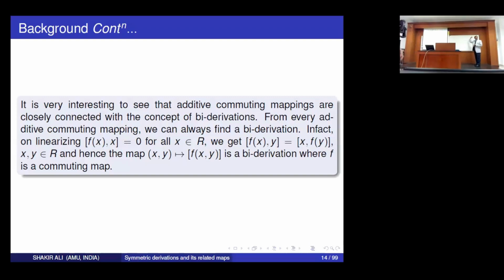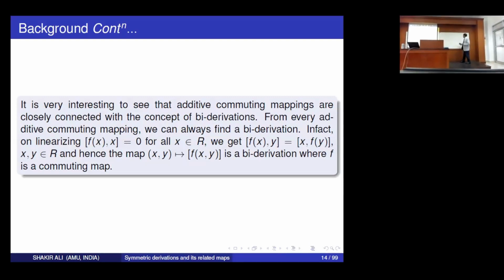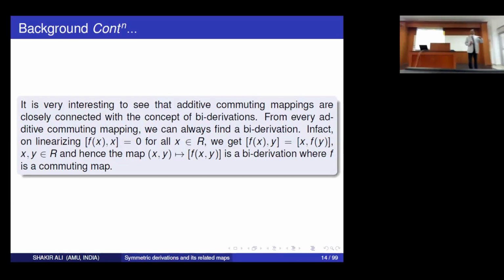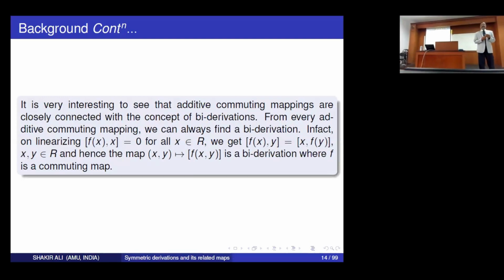So if I have such a type of ring and it satisfies this condition, then this R becomes a commutative ring. So this was the first, called Posner's second theorem. And this result introduced the idea of these maps. Later on, people called them centralizing or commuting maps, and these maps give the idea of the theory of functional identities.